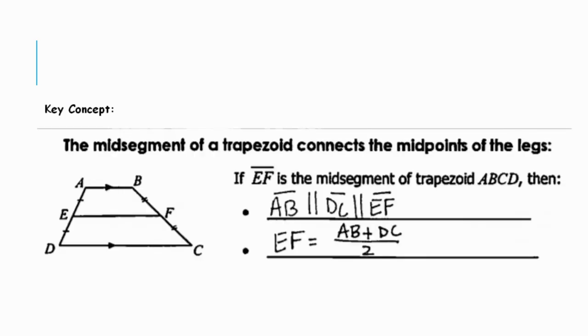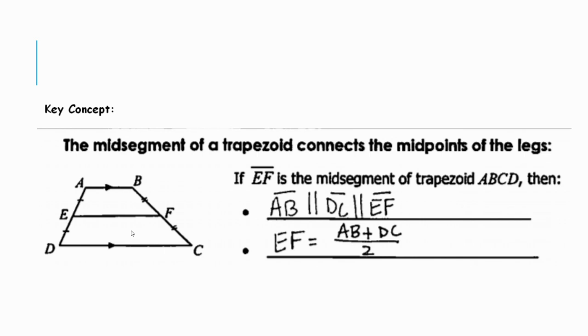Another concept when we talk about trapezoids is the mid segment of a trapezoid, which connects the midpoints of the legs. It pretty much says that if EF is the mid segment of a trapezoid, then the length of EF is equal to the sum of the two parallel sides divided by 2.